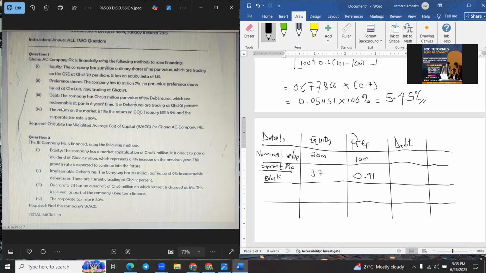The debt basically would be the nominal value. So where can we find its nominal value? Its nominal value is the 30 million.